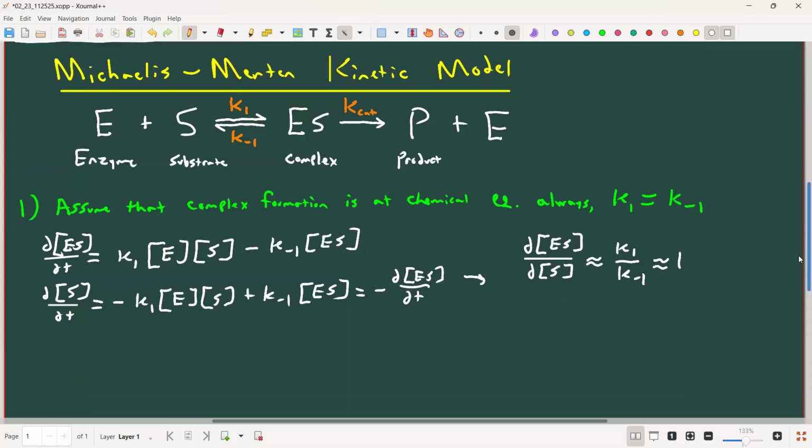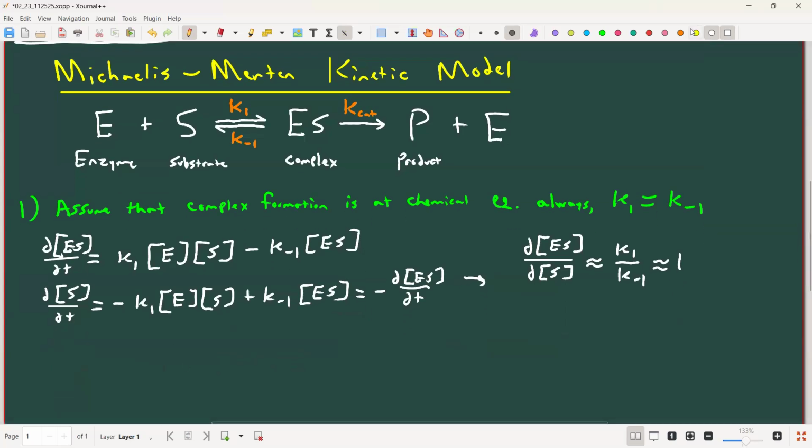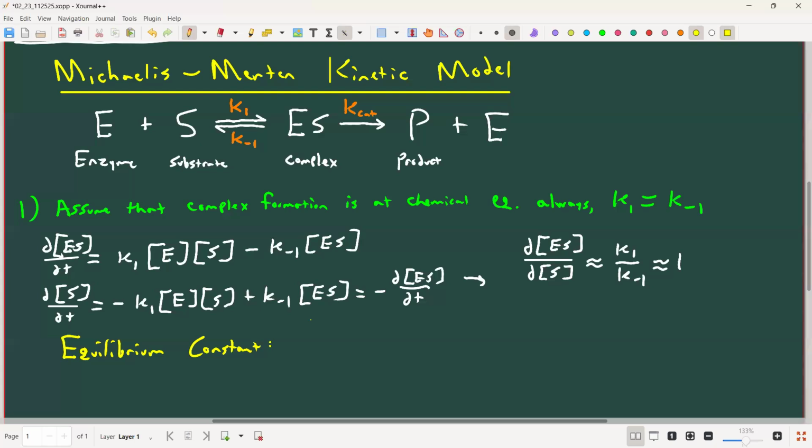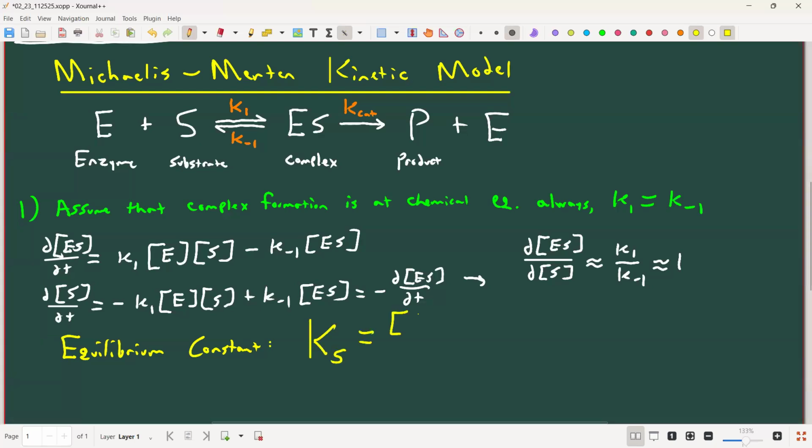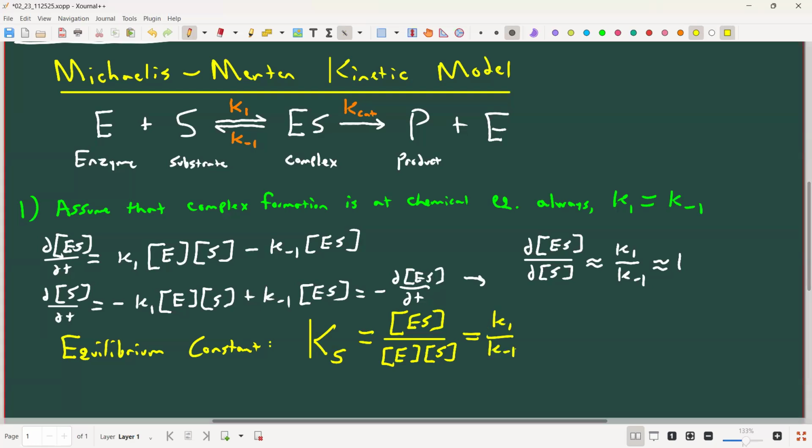And so what I can write now is I can define an equilibrium constant for this. Which I'm going to call big K sub S, which is the concentration of the product over the concentration of the reactants. Which turns out to be, once you do the algebra, equal to the ratio of these two rates.